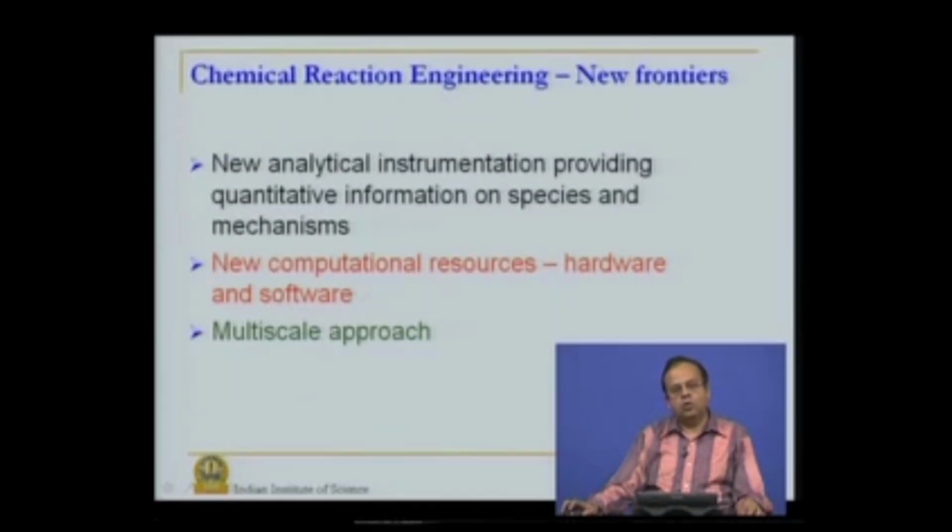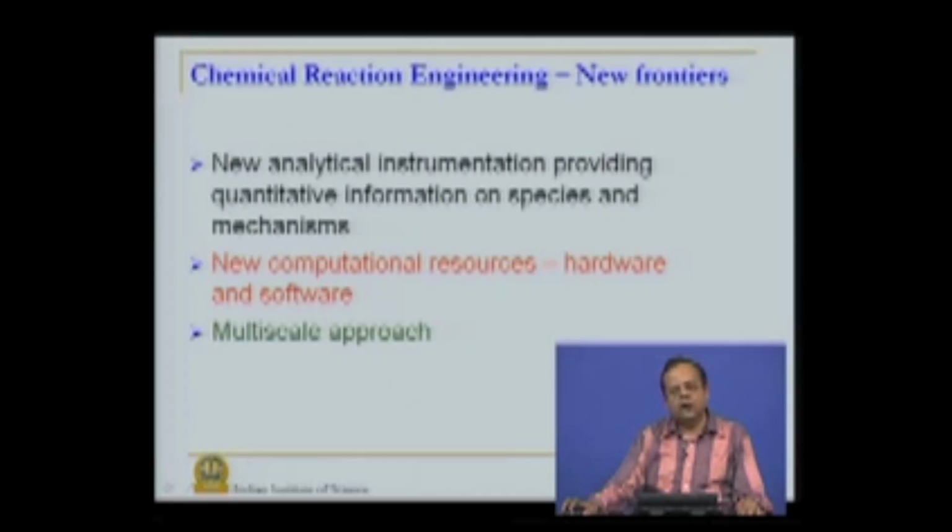Before we turn to chemical reaction engineering, I would just like to briefly point out to you some of the new frontiers or new developments that are happening in the field of science and technology, which are influencing or having an impact on the chemical reaction engineering discipline. The first and foremost among these is new analytical instrumentation that is being made available to us.